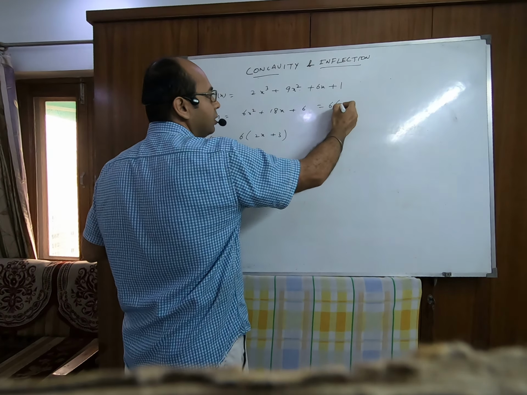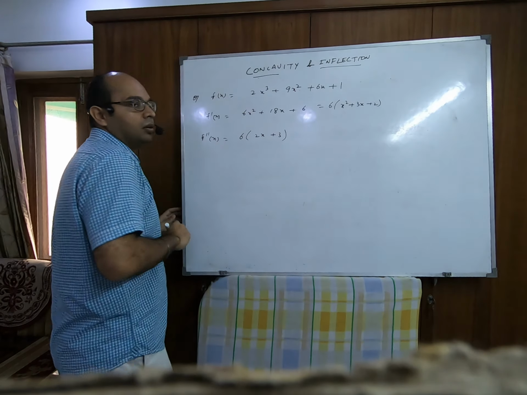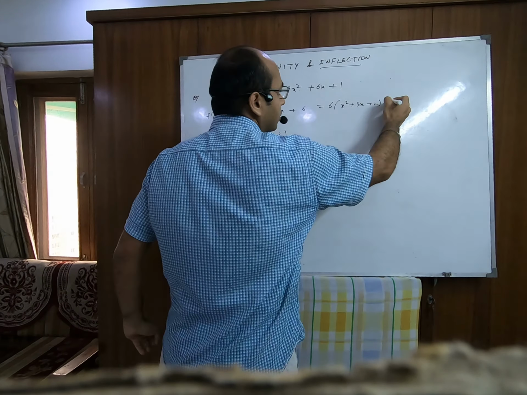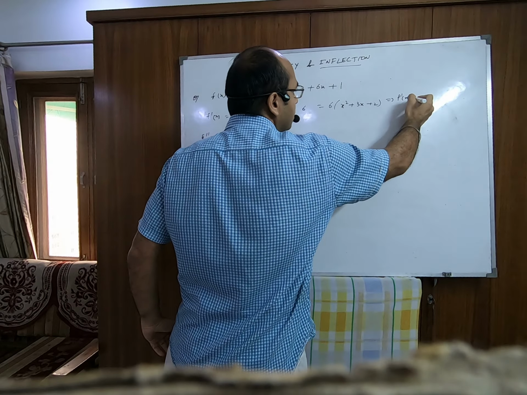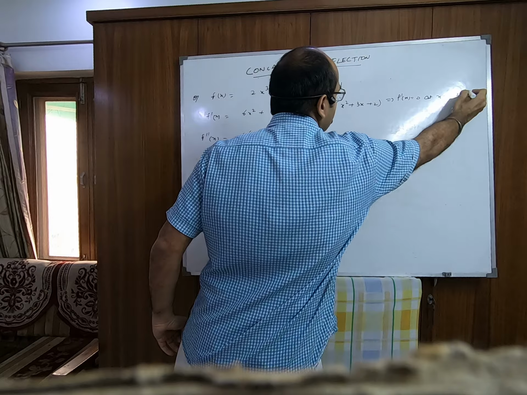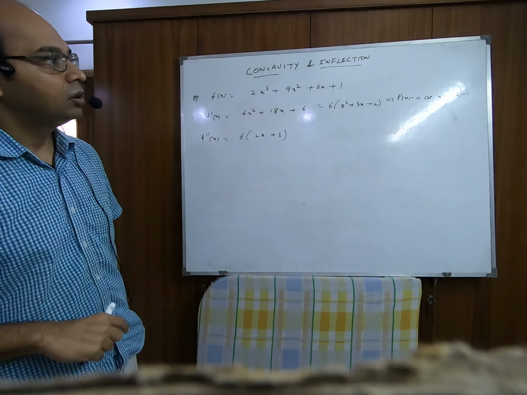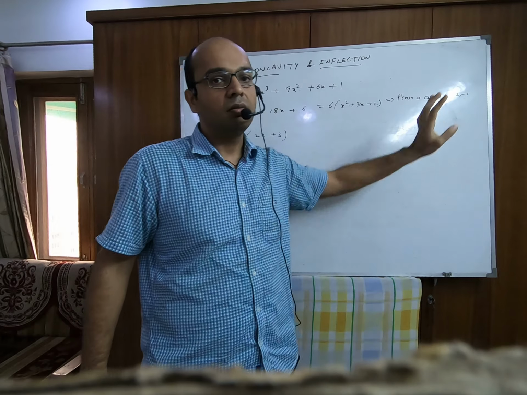I can also write this as, this implies f'(x) is 0 at x equal to minus 2 and minus 1. This value will be 0 for two values of x, minus 2 and minus 1.